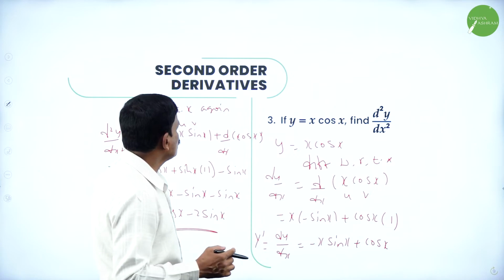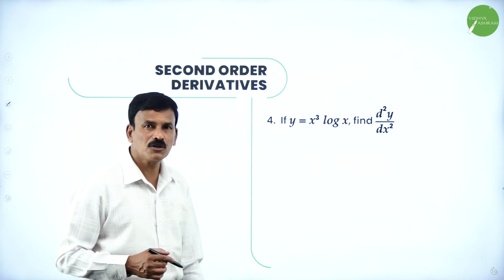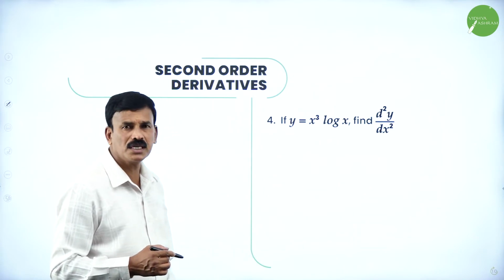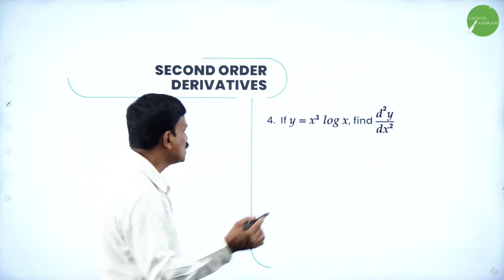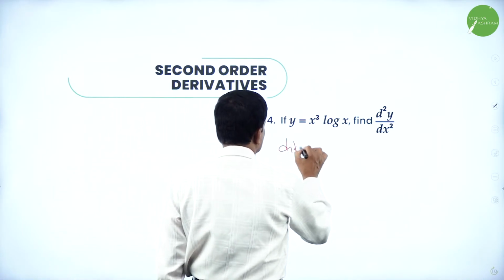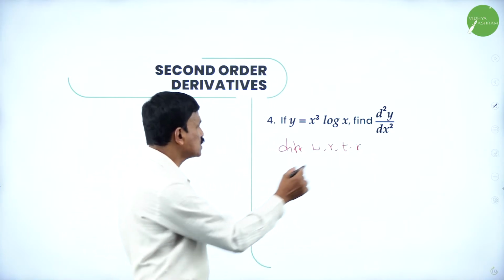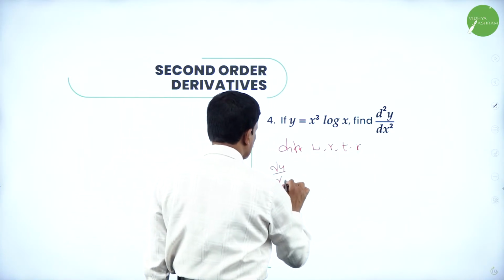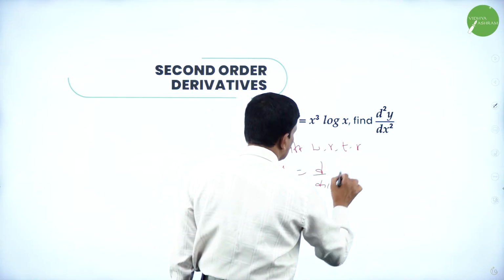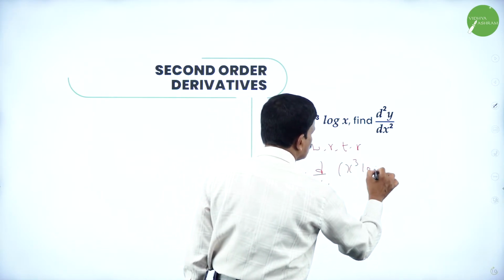Now let's come to the next problem. y is equal to x cube log x, find d square y by dx square. Same way, first differentiate this with respect to x. dy by dx is equal to d by dx of x cube into log x.